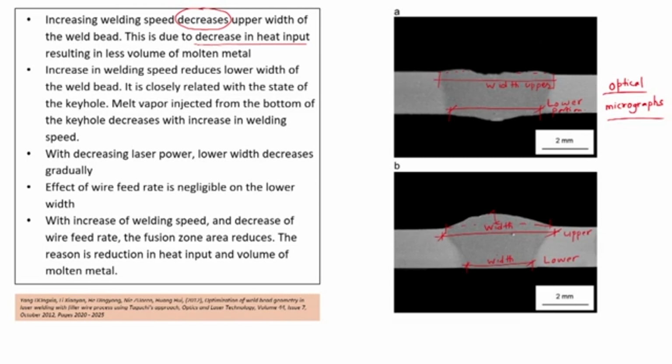When we increase the welding speed, the lower width of the weld bead is also reducing. So, as the upper width is reducing, certainly there would be reduction in lower width as well due to the low amount of heat energy that we are passing through.